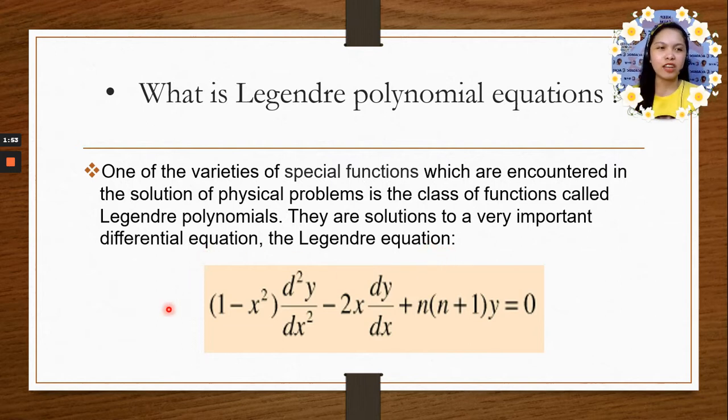Let us look at this picture. We have (1 minus x squared) times d squared y over dx squared, minus 2x times dy over dx, plus n times (n plus 1) times y, equals 0. Okay, that is our Legendre equation.